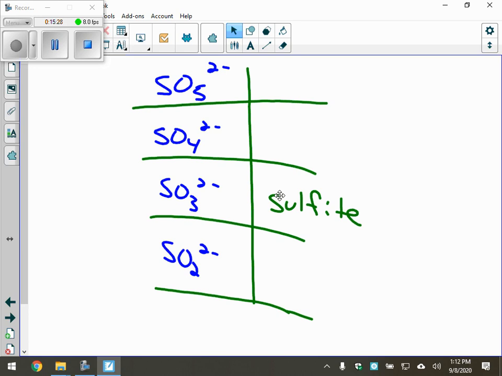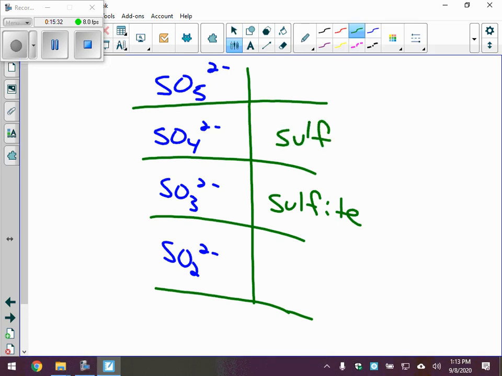Okay. What other ones? Any other ones? Yeah. Sulfate. I don't have a joke for that one. Sulfate. Okay. Now that I know those two, or even if I just knew one, even if I didn't know the others, if I know that one, then I know the rest of them, because they always follow the same pattern.